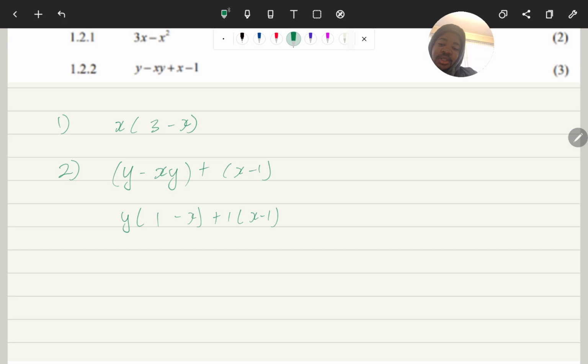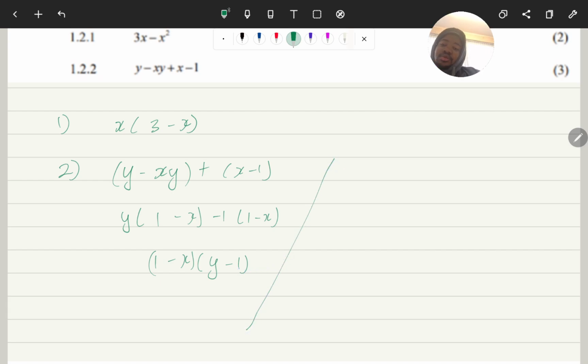Or let's instead take out minus 1 as a highest common factor, and therefore you're going to have 1 minus x. So you have a highest common factor, which is 1 minus x, and then you have y minus 1. You are done factorizing.